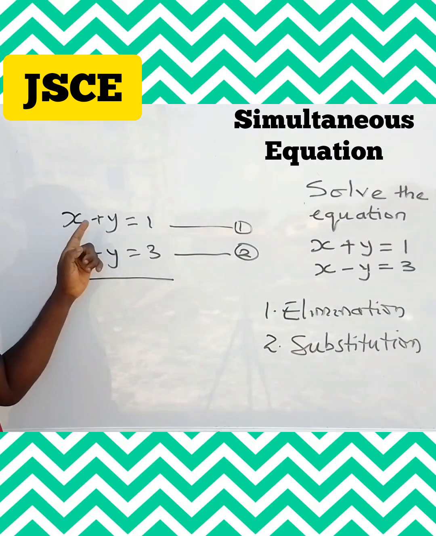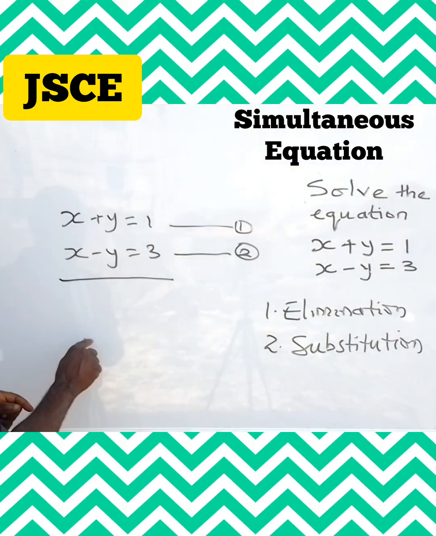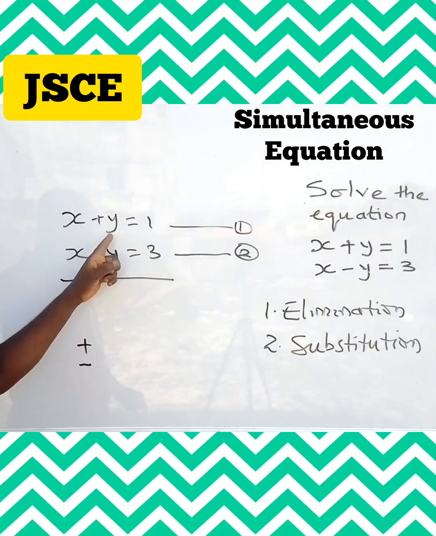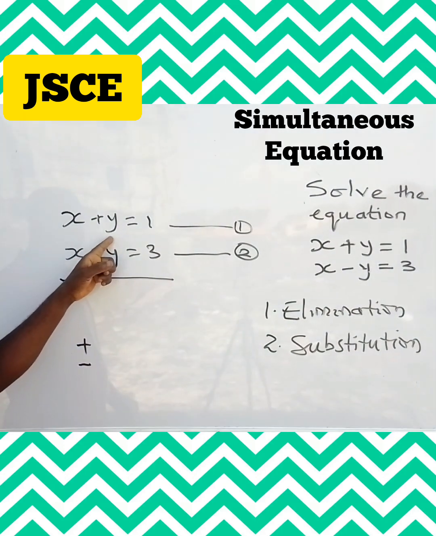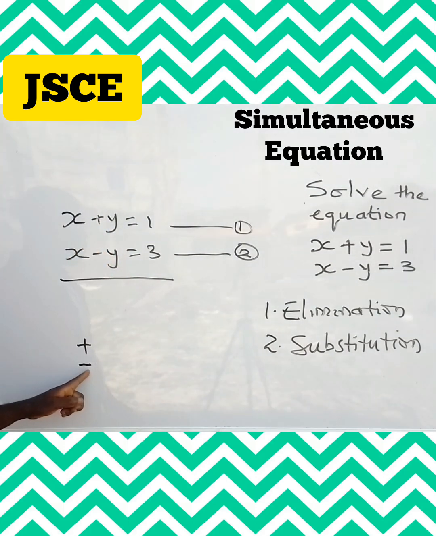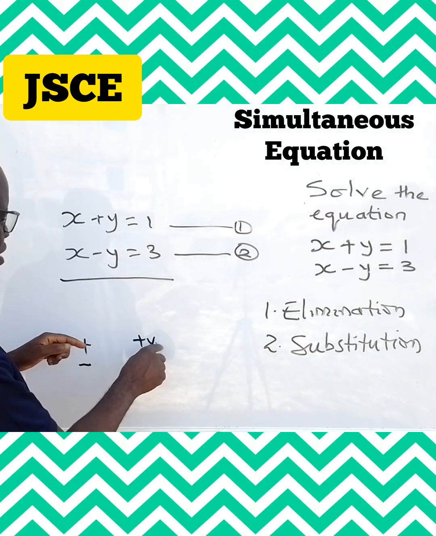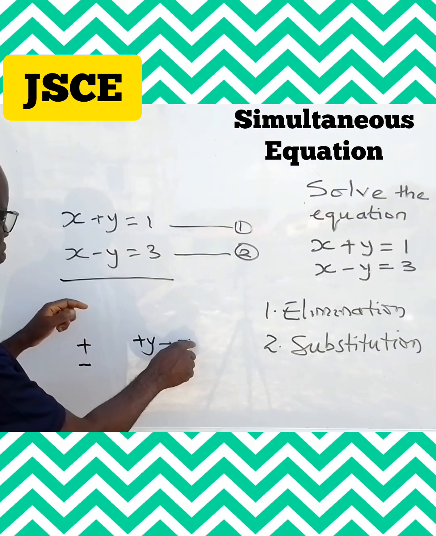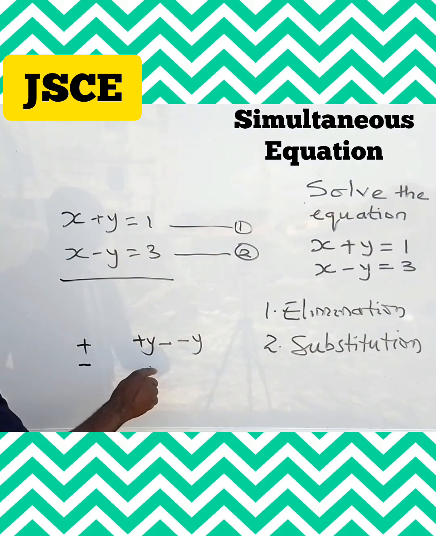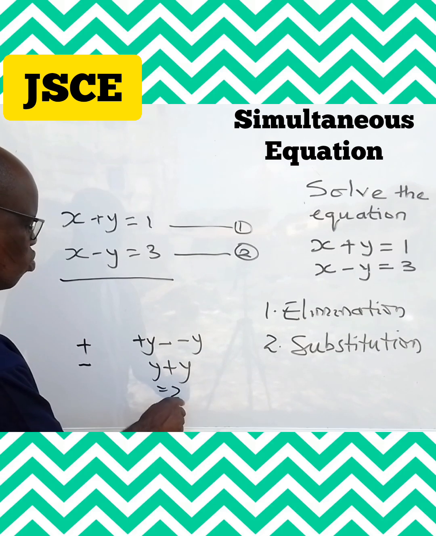Now, in eliminating either of them, there are only two things you can do. It's either you add or you subtract. For example, I want to eliminate y. We have plus y, minus y. First, let me use minus: plus y minus y. This is y, this is plus, this is equal to 2y.